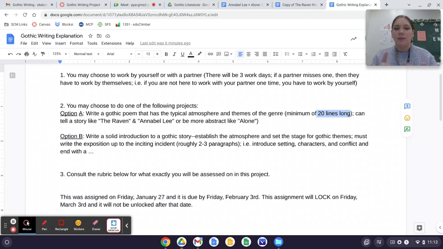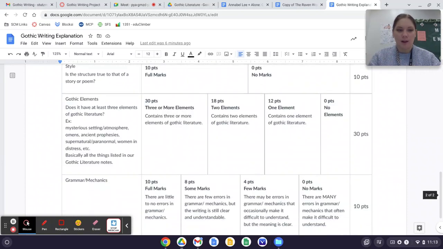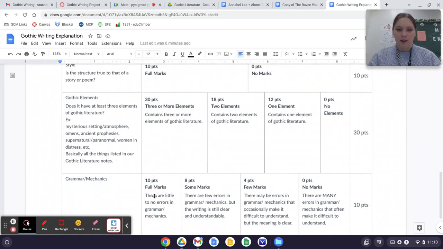For the story, did you write 2 to 3 paragraphs? It can't all just be a giant wall of text. You have to split it up into 2 or 3 paragraphs. Is each paragraph indented? Remember, when we write paragraphs, we have to indent the first line of each paragraph. And for both options, did you use correct spelling, grammar, capitalization, and punctuation? Those are assessed in structure as well as grammar and mechanics.